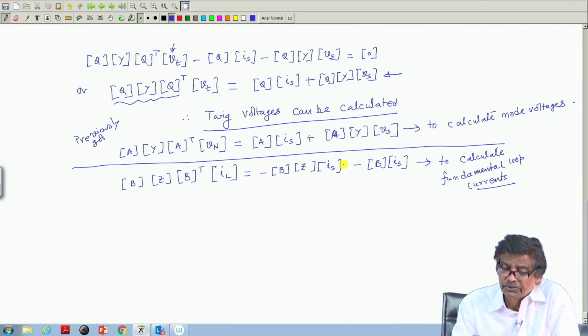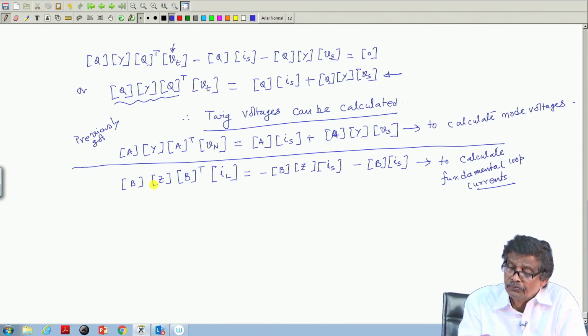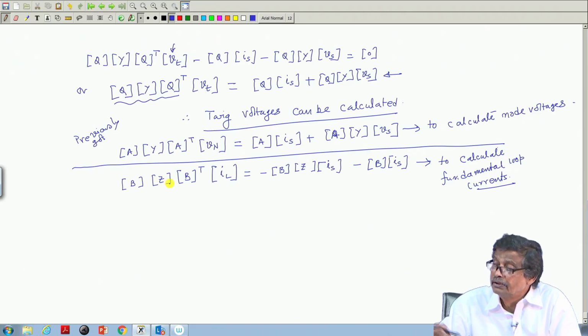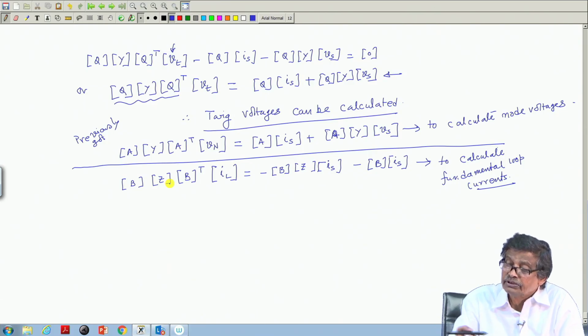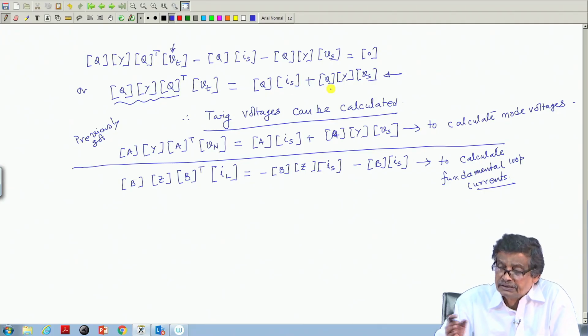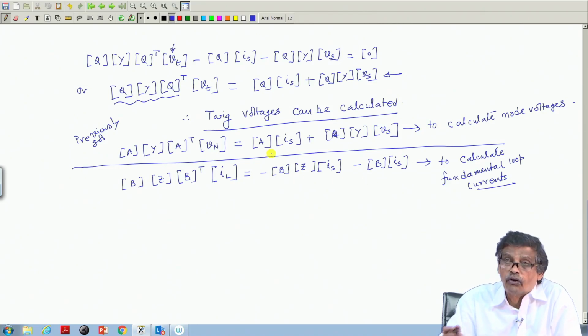Z matrix writing is very simple. You have the networks before you on pen and paper. So, you can write Z matrix, you decide which method you will apply, whether nodal method or cut set method. Based on that, you form the Q matrix from the trees, from the twigs, or A matrix, that is the incidence matrix, or the B matrix, and we know how to form them.